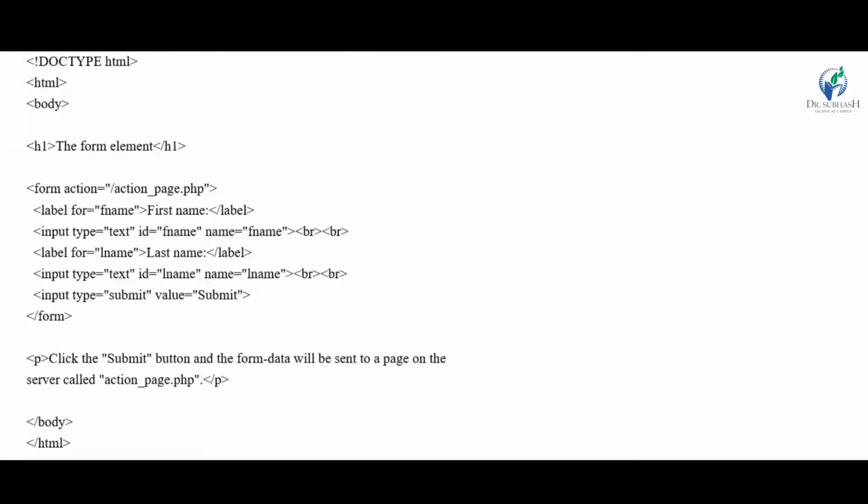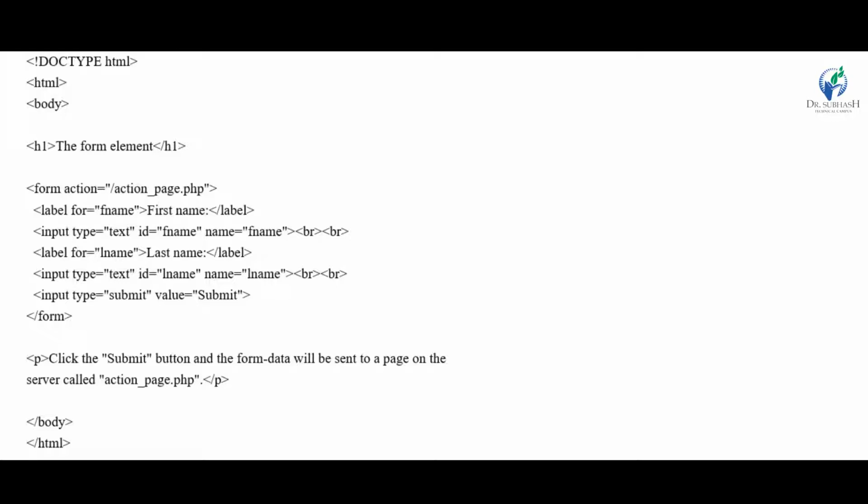Here I declared one form and gave the action, which is action_page.php. Give the label for the name field. First one is first name, so give the label for fname. The label name is First name. Then input type equal to text.